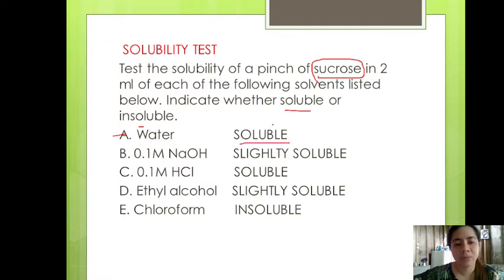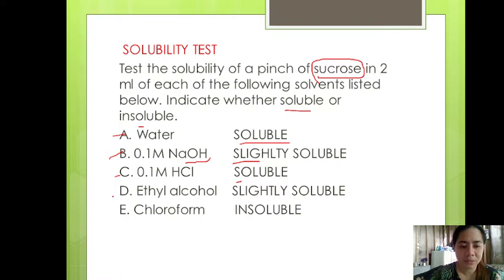So, it can dissolve. In letter B, 0.1 M sodium hydroxide, it is slightly soluble. This is the component put in soaps, like detergent or paper. So, if you put sucrose in it, it is slightly soluble. In letter C, 0.1 M hydrochloride, it is soluble.